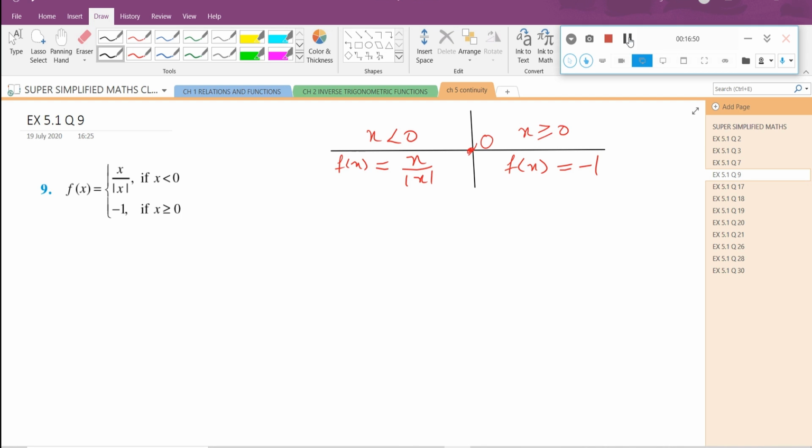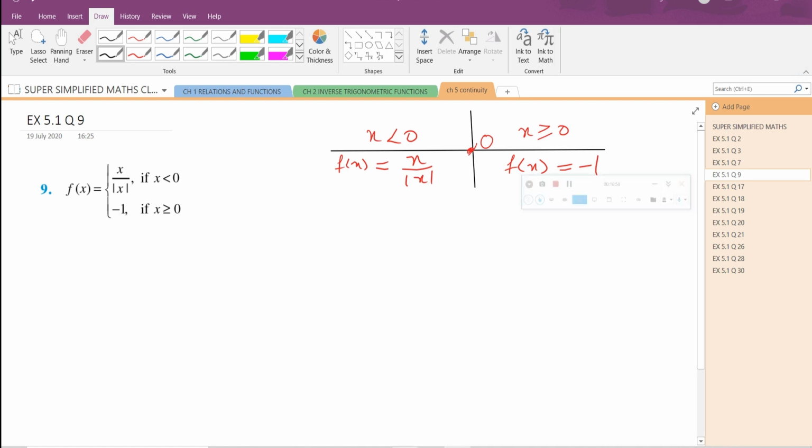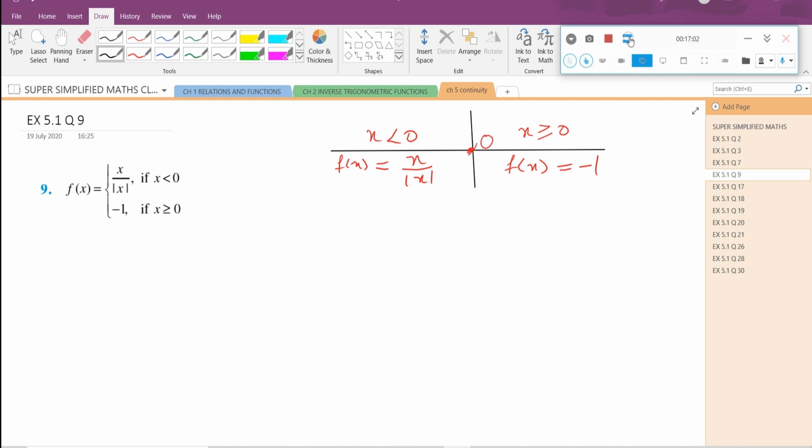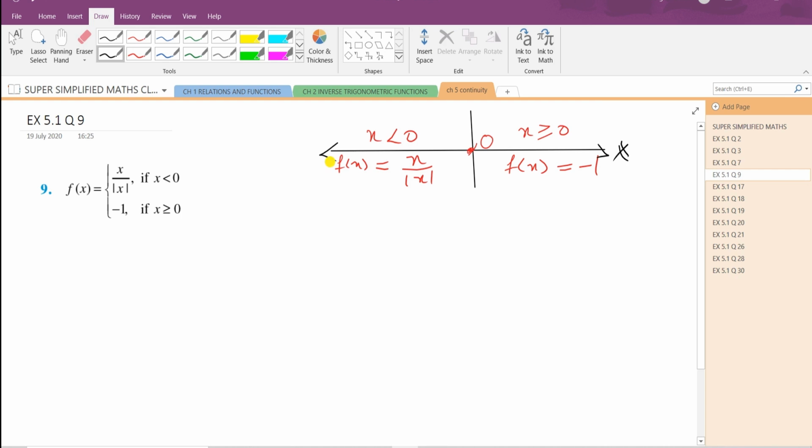Now let us move to question number 9. Question number 9 says that f(x) is x upon mod x if x is less than 0. Now let us see, this is the x-axis, positive x-axis, negative x-axis, and this is the y-axis and point 0.